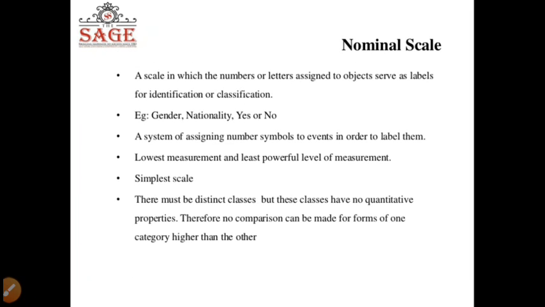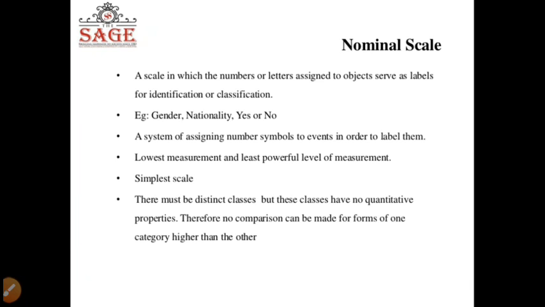Now, how are you going to scale the data? The first aspect is the nominal scale, which is a very simple scale. The word nominal is derived from the word name. My name is Simrina, your name is Radha, or your name is Subhash, or your name is Abhijit.